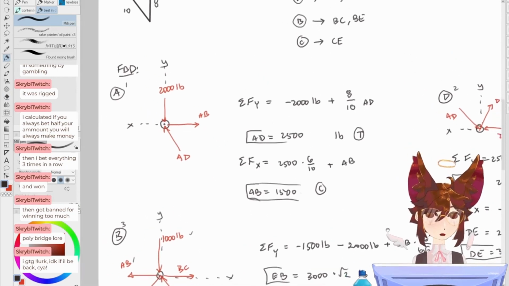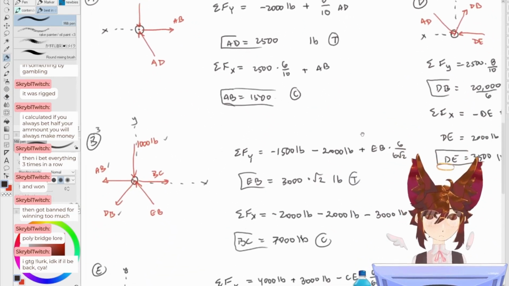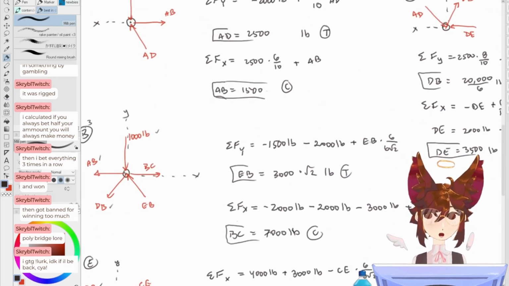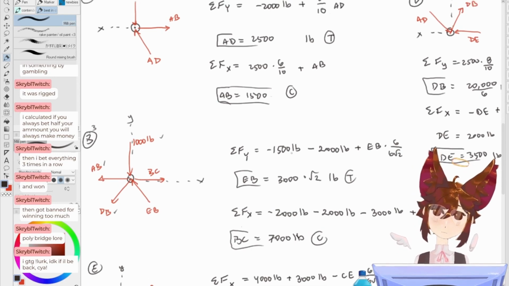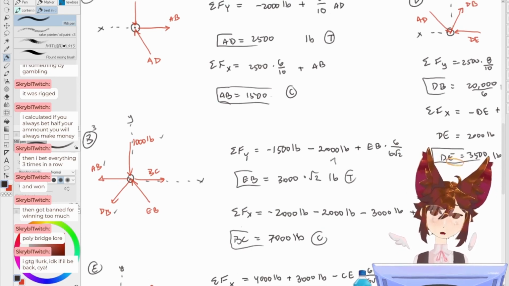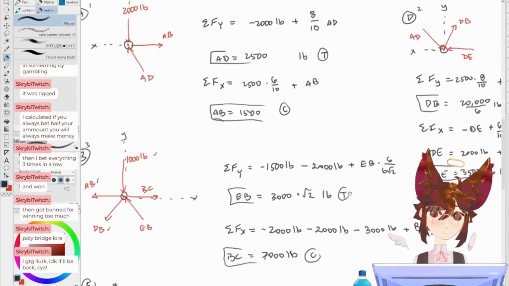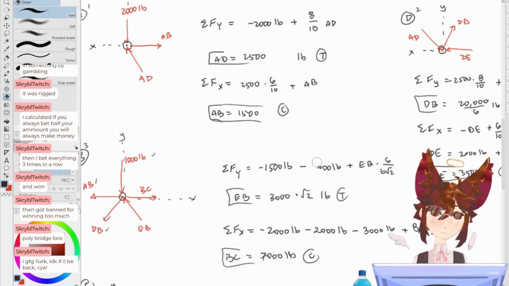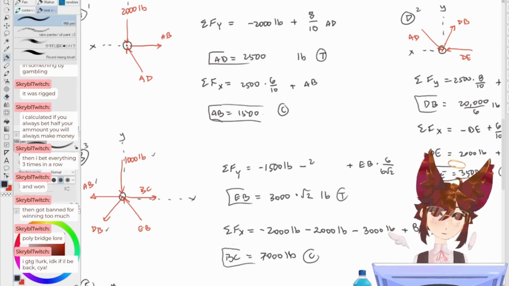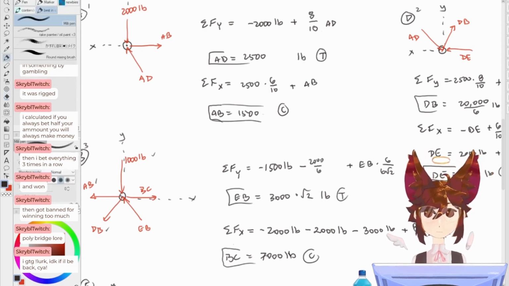Then I changed this one already. This one is 2,000. That's the dB component. It'd be 20,000. Let's see, 20,000 over 6 times 8.